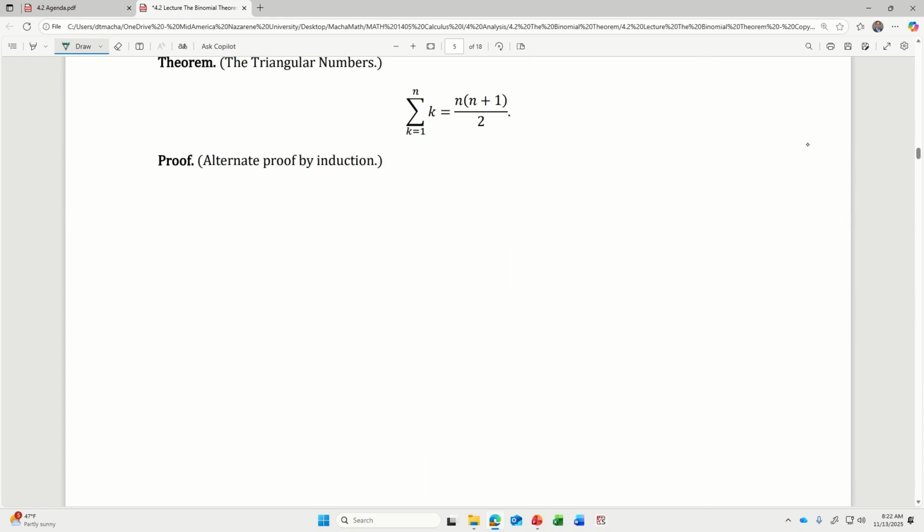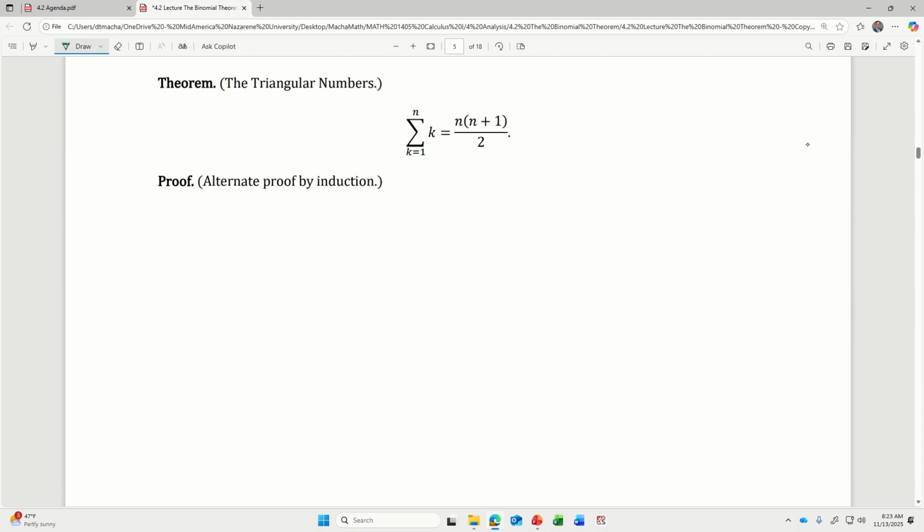We'll come back to this, but I want to show you the same theorem, but this is going to be a proof by induction. And the proof by induction works like this. We say, consider when n equals 1.